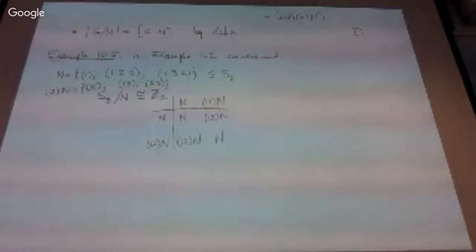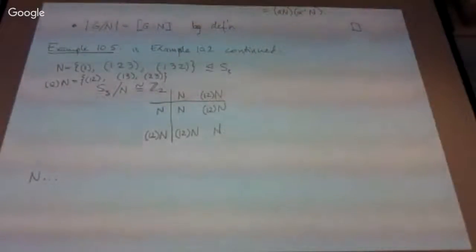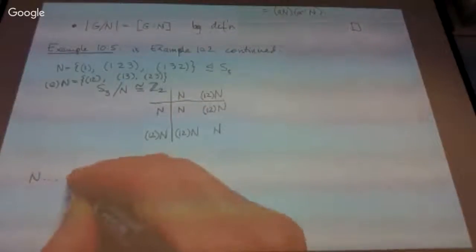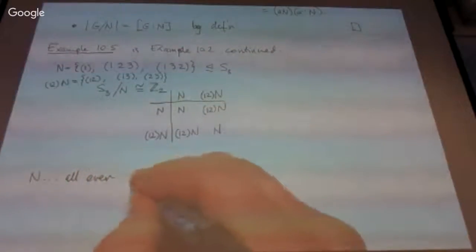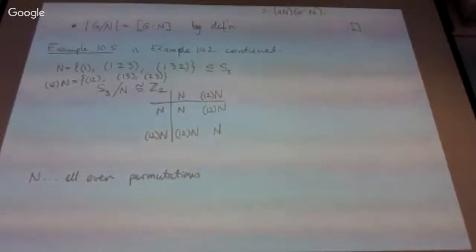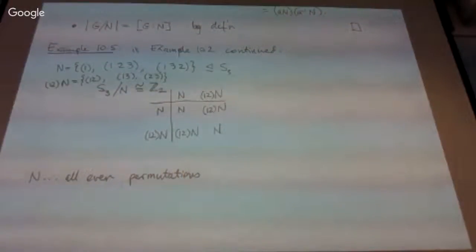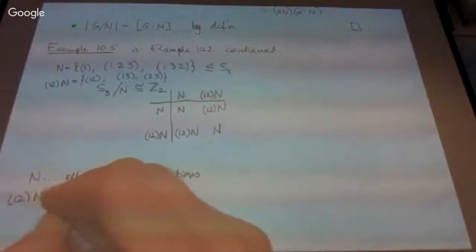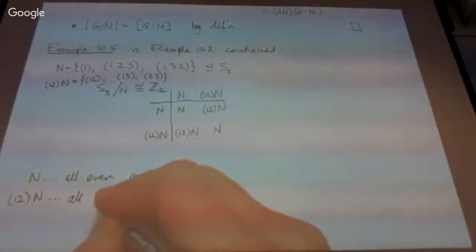So somehow this N is all the even permutations, and the other coset is all the odd permutations.